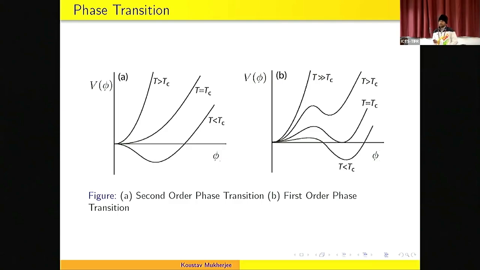This kind of transition is called a second order phase transition. And if there is a barrier formation, then TC is the temperature at which we have degenerate minima. So if the barrier formation takes place while the universe is cooling down, then we say that we have a first order phase transition. This barrier formation is a necessity for the production of gravitational waves.